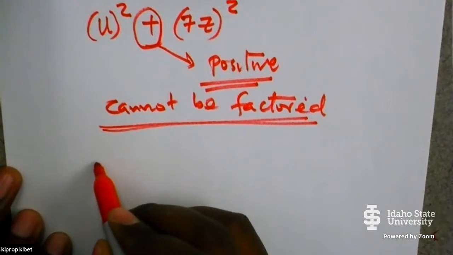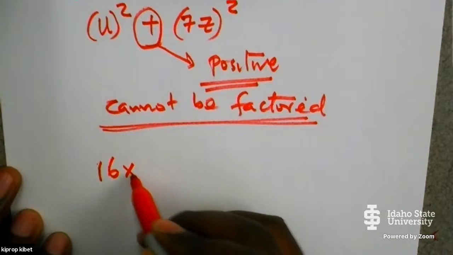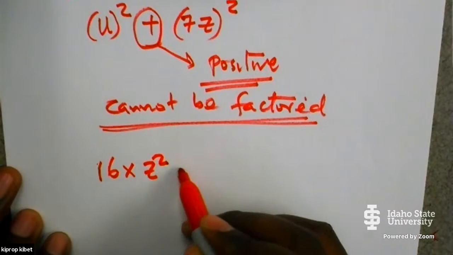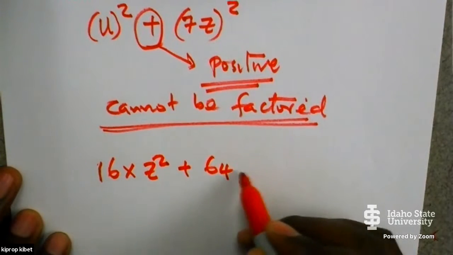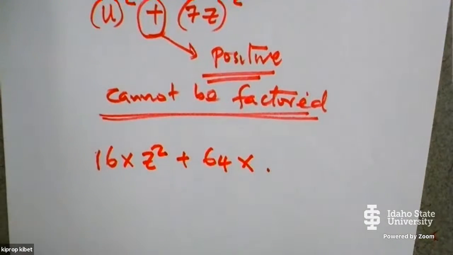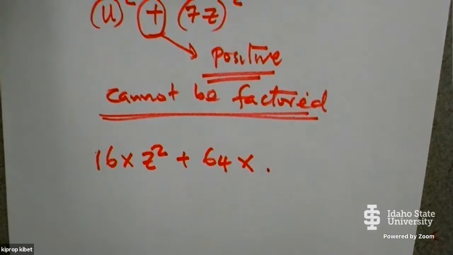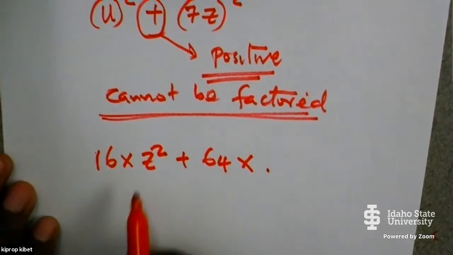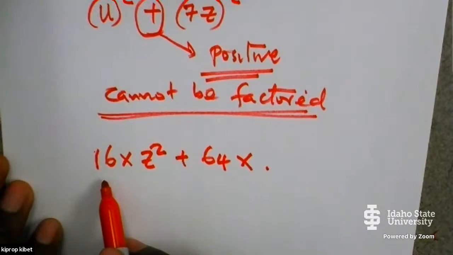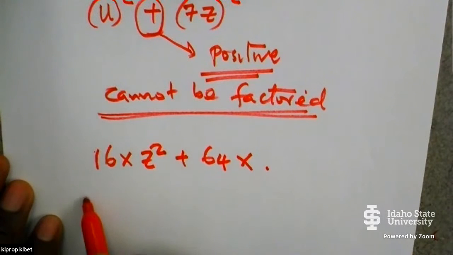Another example, let's say you're given 16x z square plus 64x. Factorize. Now, you can factor out the greatest common factor there, which is 16x.